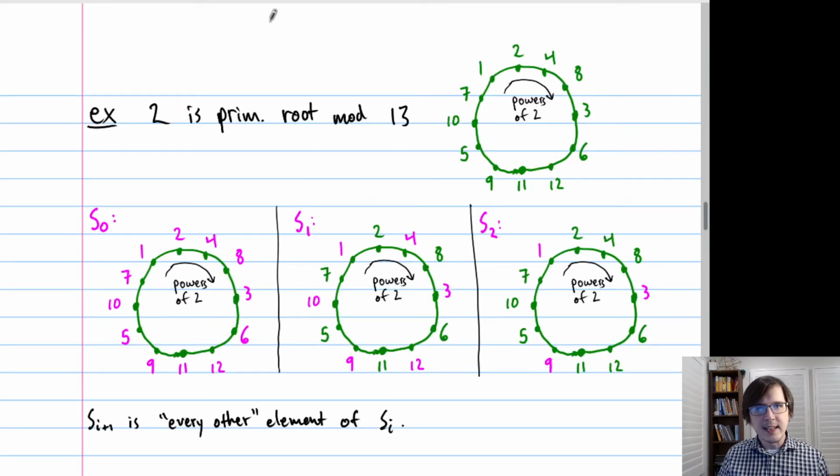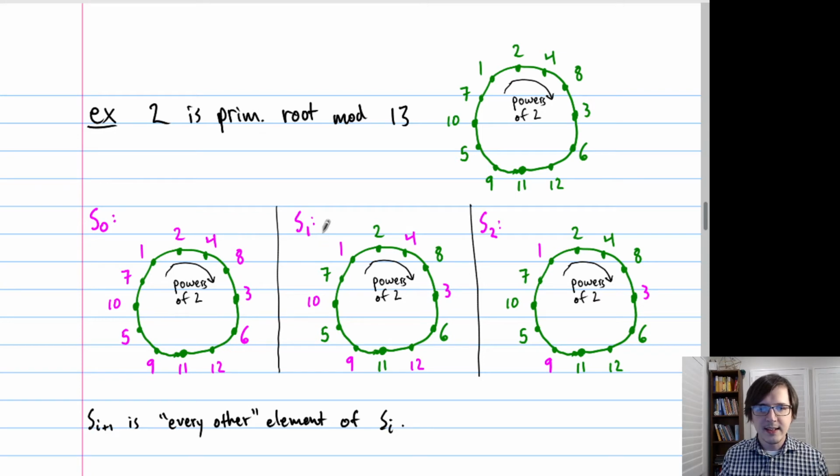Let's look at mod 13 again to see what's going on. 2 happens to be a primitive root mod 13, and so I've got the power wheel here of all the powers of 2 going all the way around, which shows us that we get 1, 2, 3, 4, 5, 6, 7, and so on. S0 is by definition everything, so I've highlighted it all in magenta.